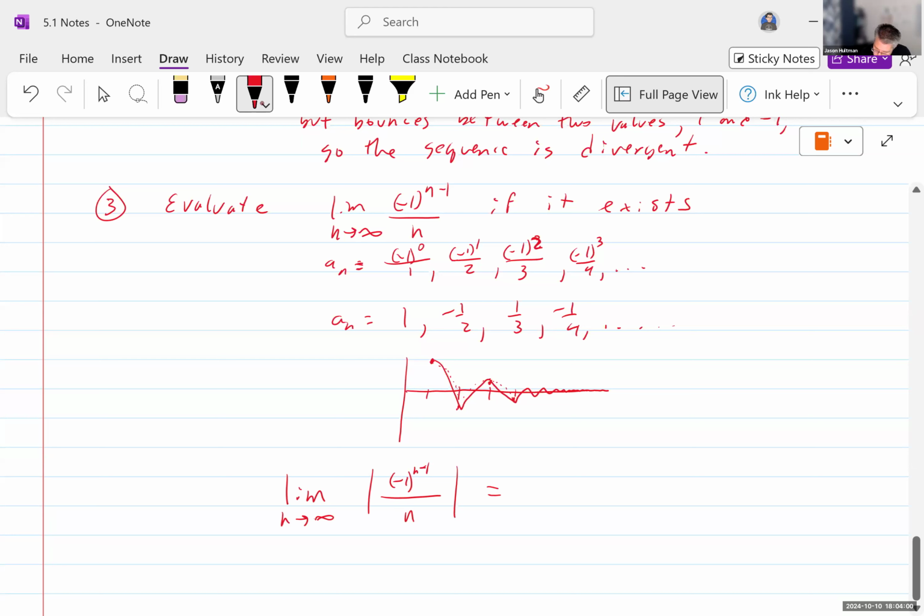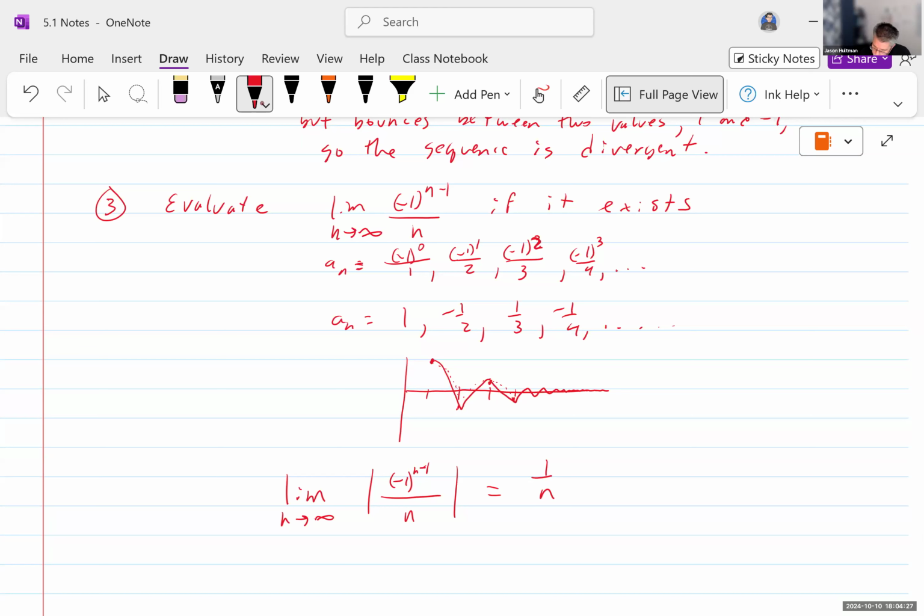If I take the absolute value of each of these terms, I just end up with 1 over n. The alternating part goes away, because no matter whether it's positive or negative, it all goes to positive once I take the absolute value.